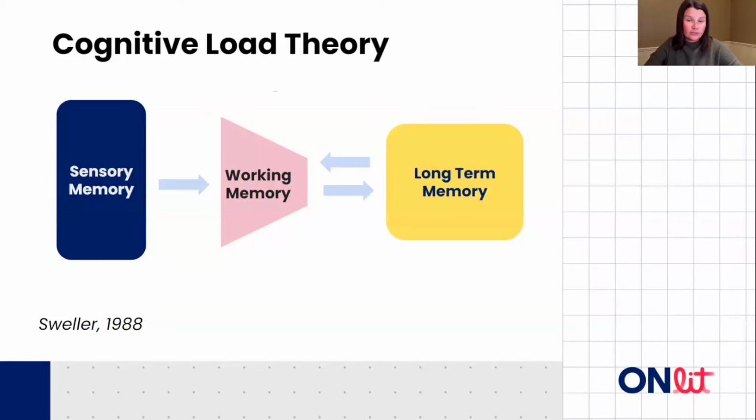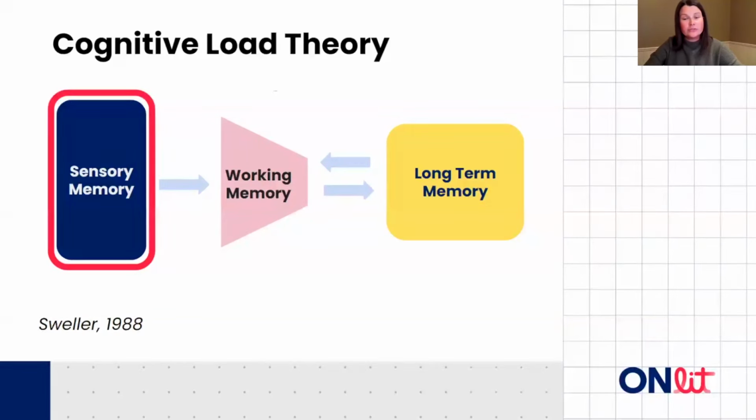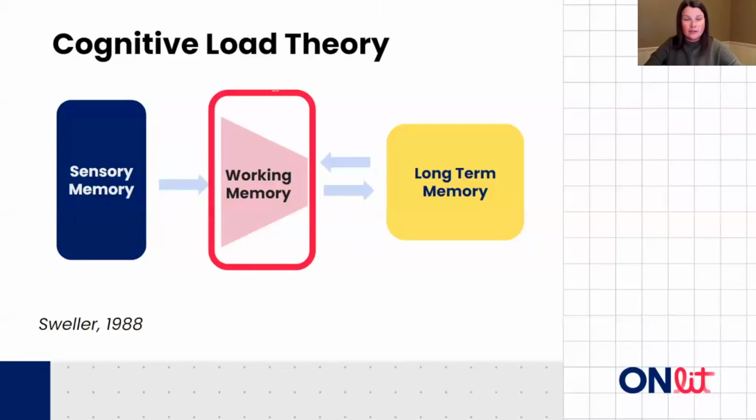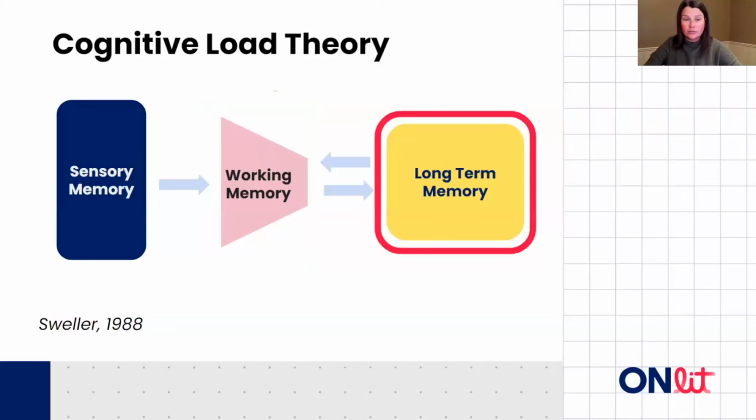According to the information processing model, our senses filter out much of the information around us. Some of this information goes into working memory. With effort, the learner can move the information from working memory to long-term memory for future retrieval. This change in long-term memory is learning.